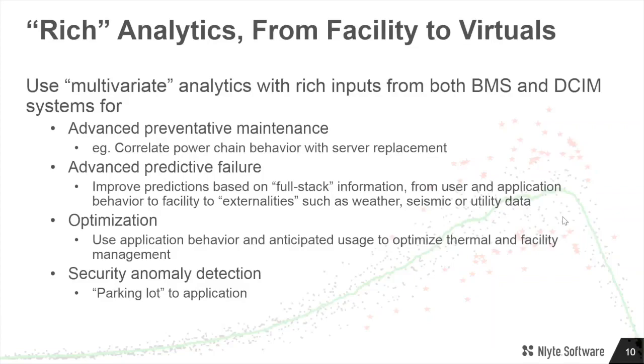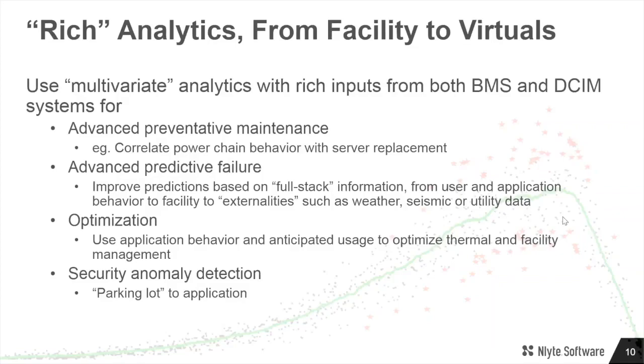So there are a couple of areas where significant investment is being made in this multivariate analytics. Certainly advanced preventative maintenance. The more different kinds of inputs that we get, we will be able to better predict failure. We will be able to perform better maintenance on our facility. We will certainly have an ever more optimized facility.